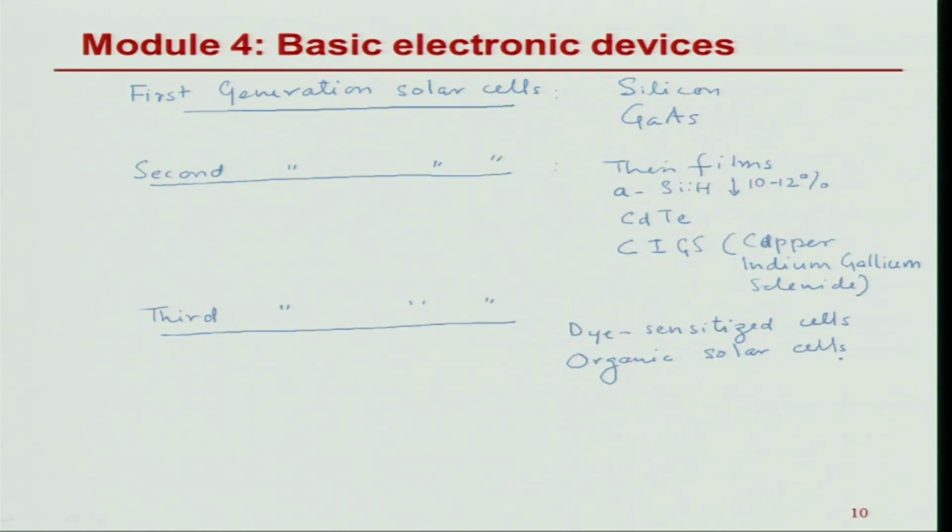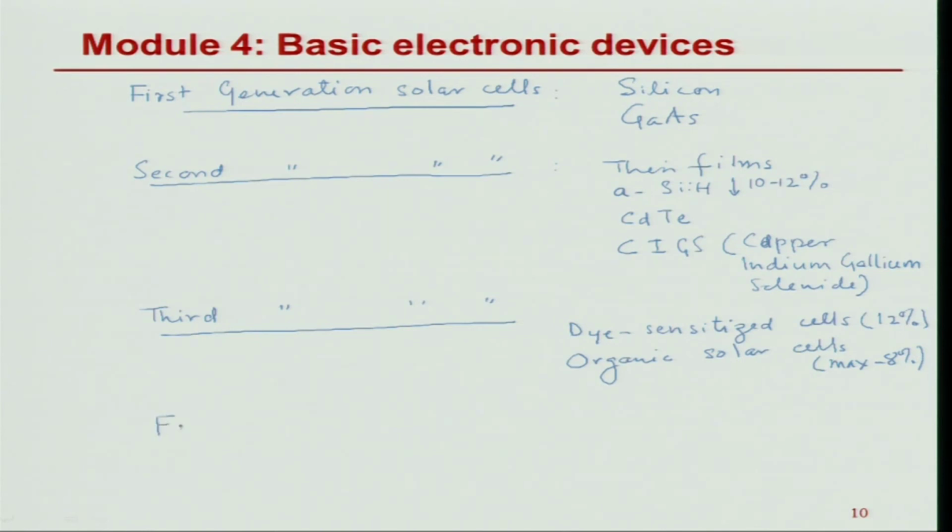Now these have much lower efficiencies. Dye sensitized is in the range of 10-12%. Organic solar cell commercially is much smaller, but the maximum reported is approximately 8%. So again, efficiency is coming down, but cost is much lower, and that is the driving force for this area.